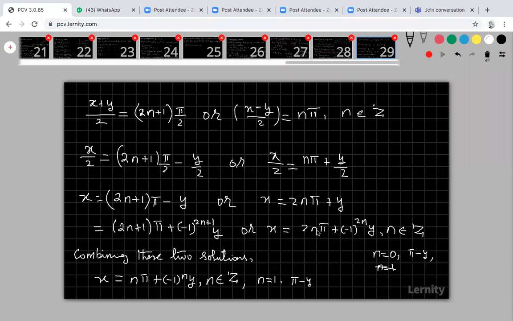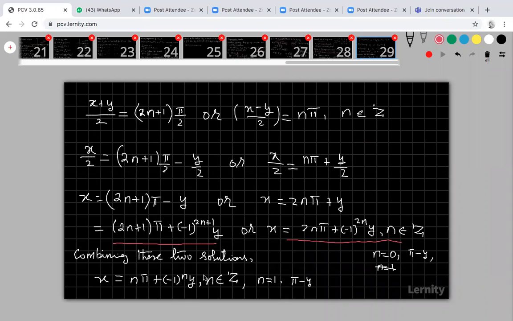Similarly, if you apply n is equal to 1 here, you will get the same answer as when n is equal to 2 here. So therefore, I'm combining these two and writing as one solution. Both are same. If you apply n is equal to 0, 1, 2, 3 here and here, you will get the same solution.